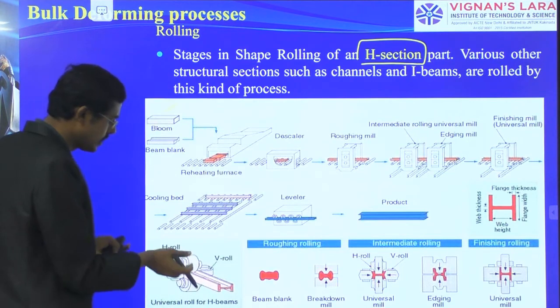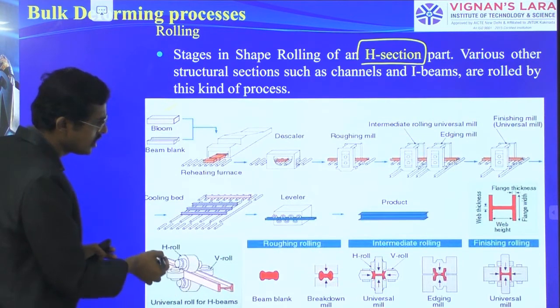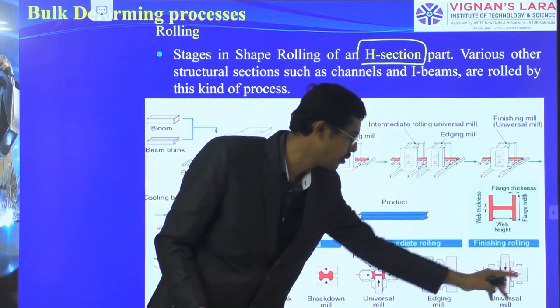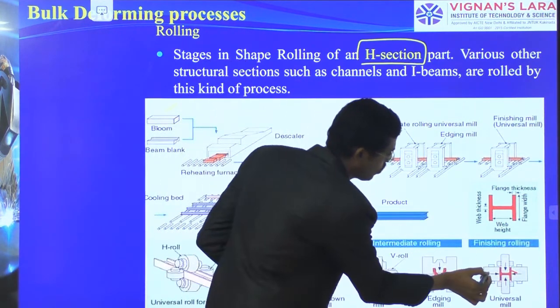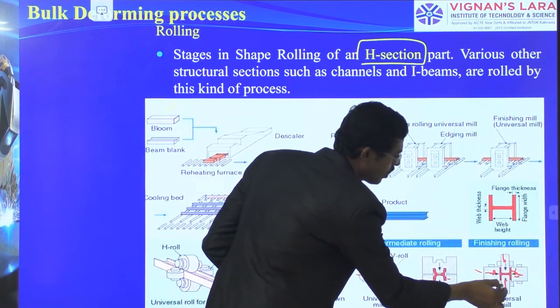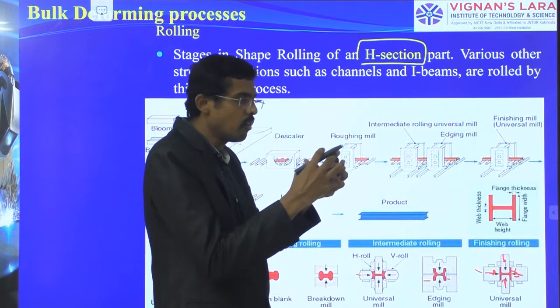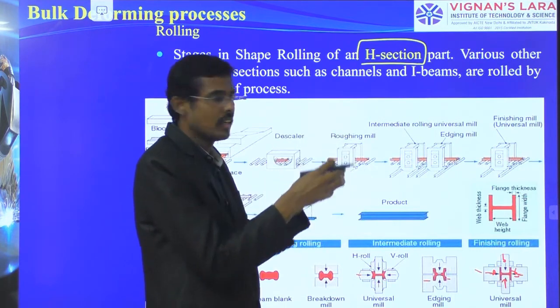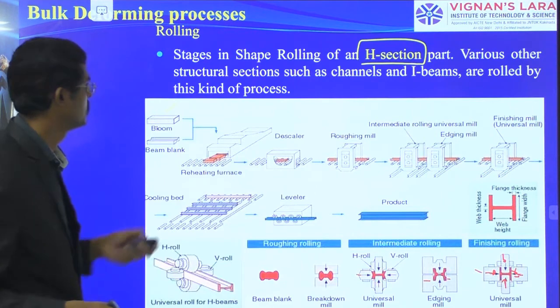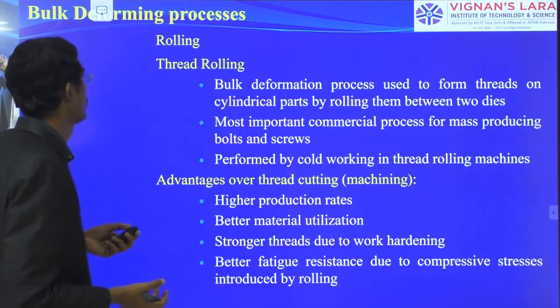After that these blooms are converted by rollers. You see, I have kept multiple rollers here. Through these multiple rollers, I am pressing. One roller is acting here, one roller is acting on top, one roller is acting on the bottom. So all rollers at the sides compress to form an H figure. Likewise, we can do multiple shapes.